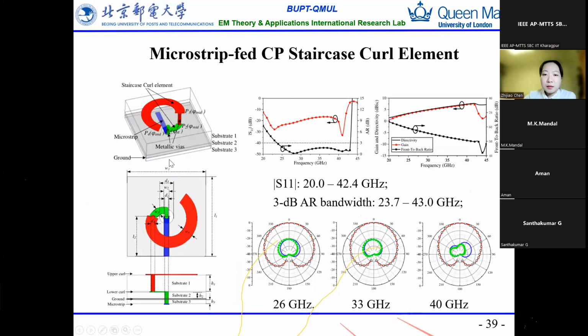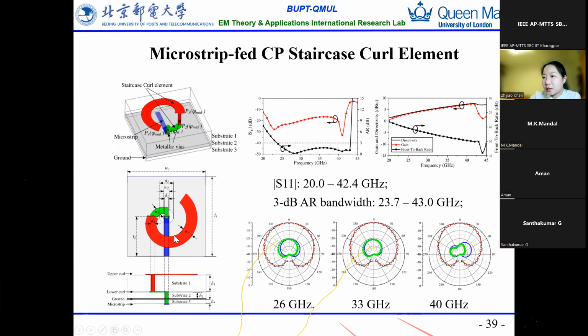So here is our design. This is the antenna element, and we optimize the current elements by designing a staircase structure. The feed line goes from here and goes upstairs by using metallic vias, and curves in here and goes upstairs, and here's another curve.